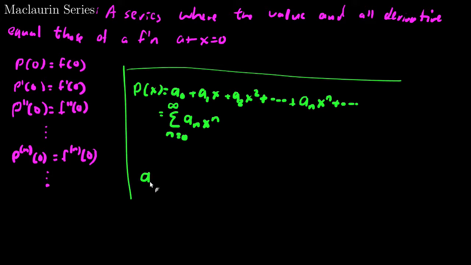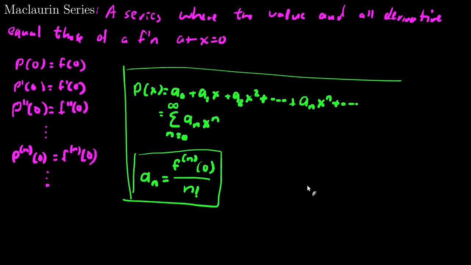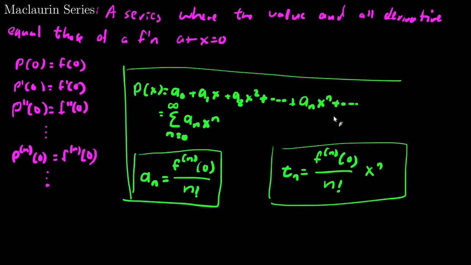And the nth coefficient is going to be found by taking the nth derivative, where the 0th derivative, when I say that I mean the actual function, evaluated at 0 divided by n factorial. So this is a formula we will use a lot. Or you can consider that the nth term is going to be the nth derivative evaluated at 0 over n factorial times x to the n. So either way, you're finding these terms in the sequence.